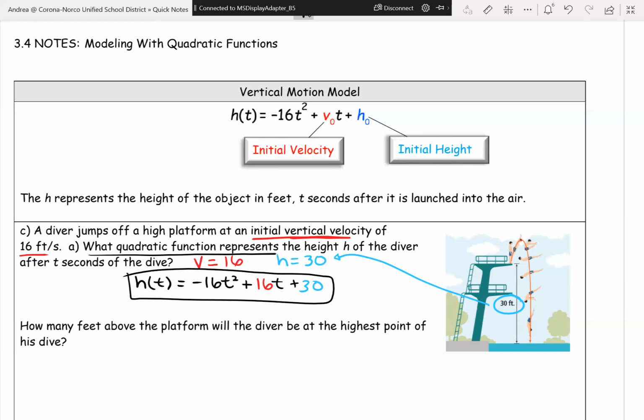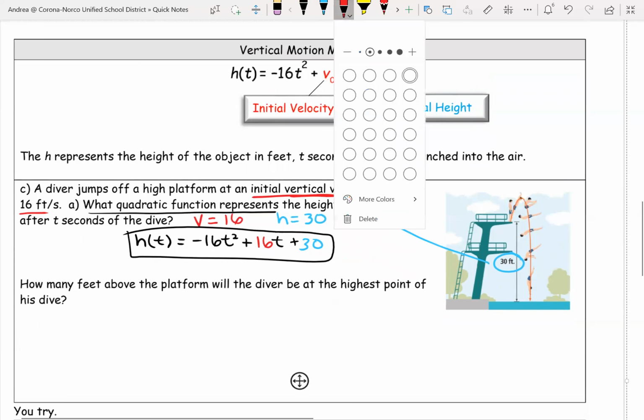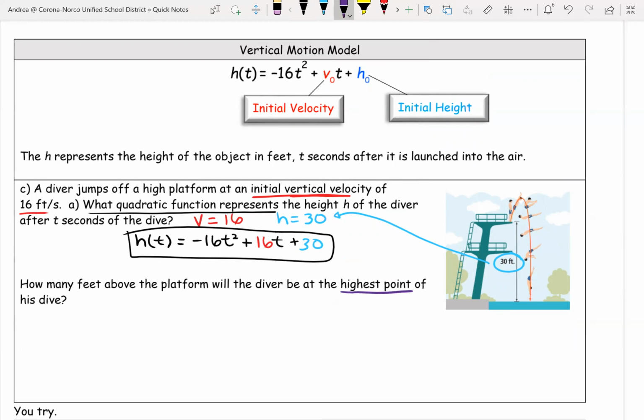Okay, so then it says, how many feet above the platform will the diver be at the highest point of the dive? What does highest point mean in relation to parabolas?